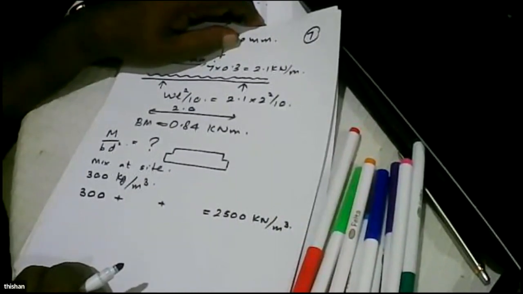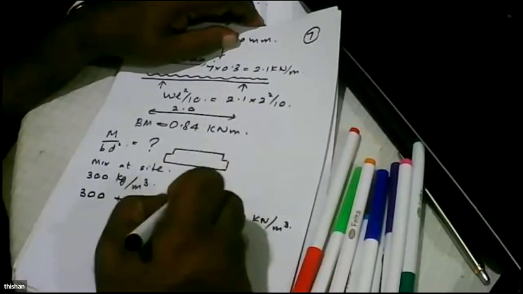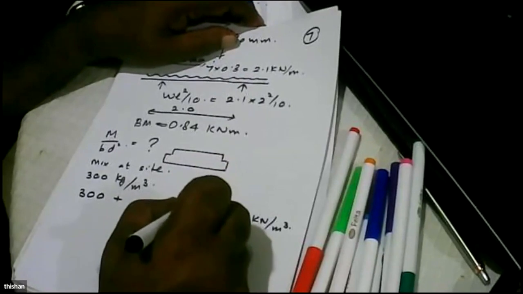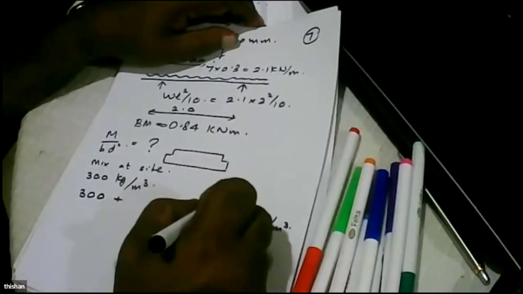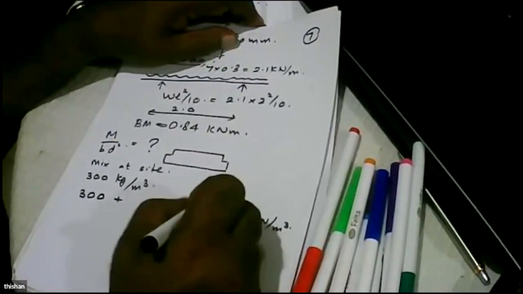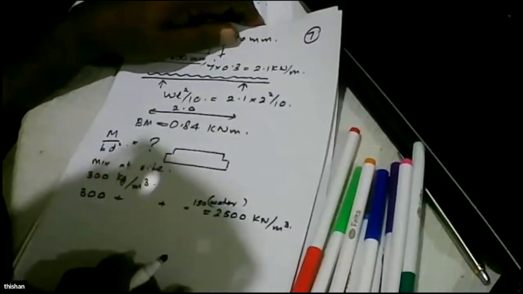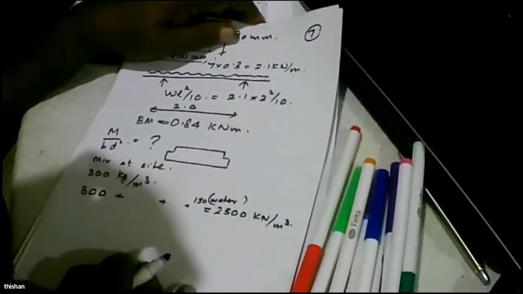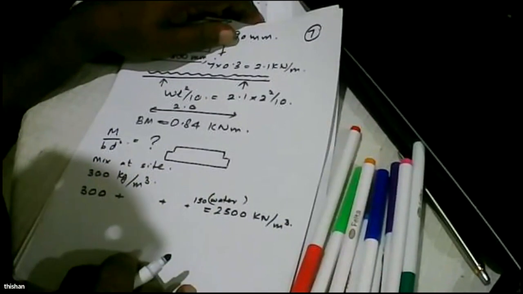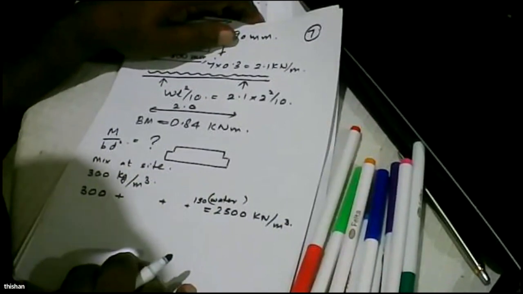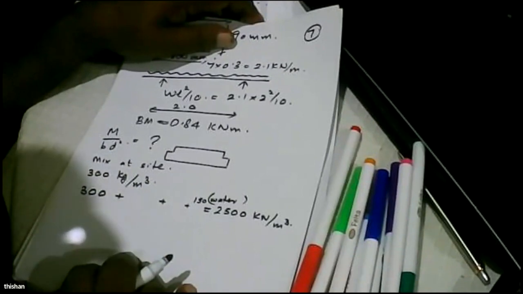What we can do is use an admixture and use about 150 of water, because we are doing a precasting operation and we are not transporting concrete. So we can easily go for a fairly stiff mix, and use the poker vibrator and compact it.